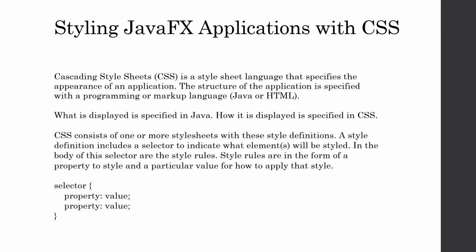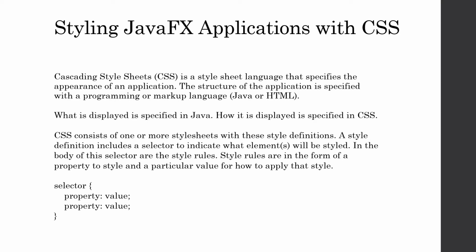So the general rule here is that what is displayed is specified in Java, and then how it is displayed is specified in CSS. So CSS is going to consist of one or more style sheets with these style definitions. So we're going to be defining the style in our appearance, the style in our application window. Style definition includes a selector to indicate what elements will be styled.